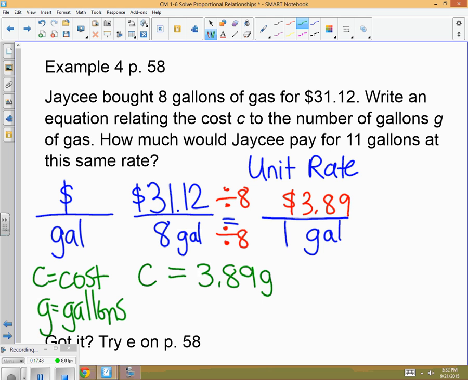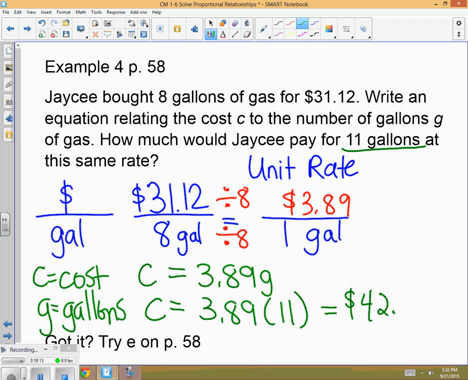Now it tells us that there are 11 gallons, so instead of multiplying it times G, I'm going to substitute G with 11. 3.89 times 11. When you multiply that with your calculator, you should get a total cost of $42.79. So in a sentence, the total for 11 gallons of gas at the same rate is $42.79.